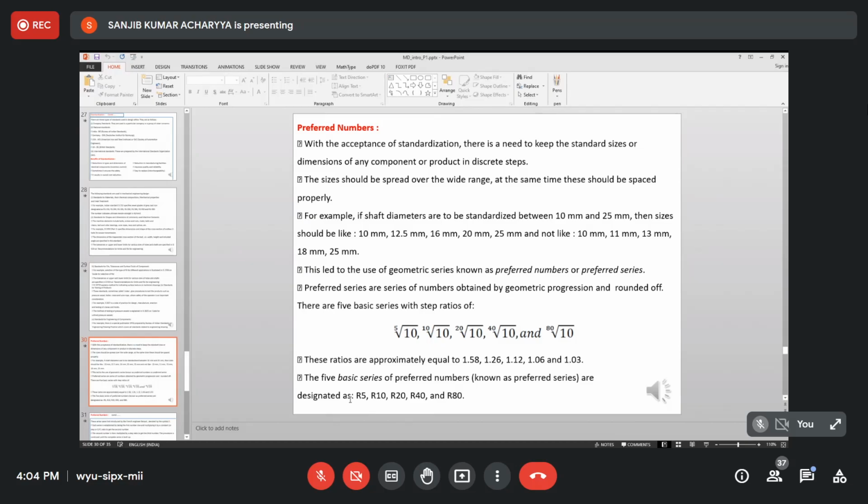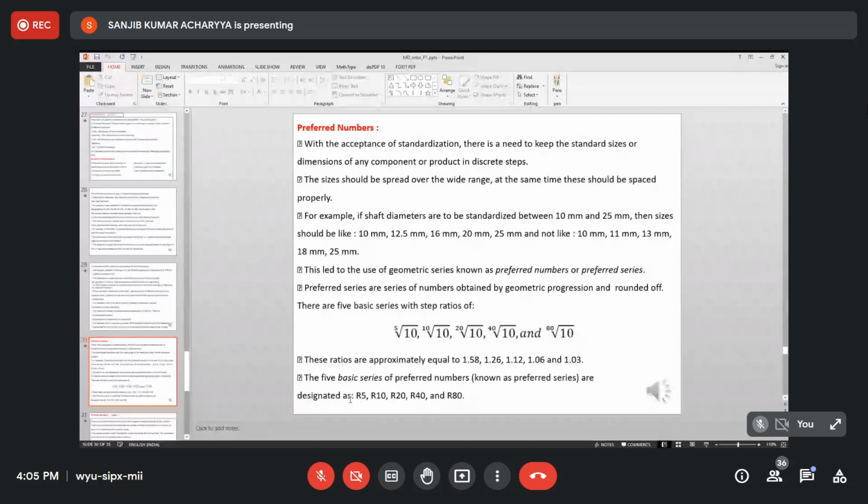So here, preferred number was introduced by some French scientist, Renard, and it was suggested that we can use members of different geometric series, and the common ratio of those series will be taken as 10 to the power of different values, like 10 to the power 1 by 5, 10 to the power 1 by 10.